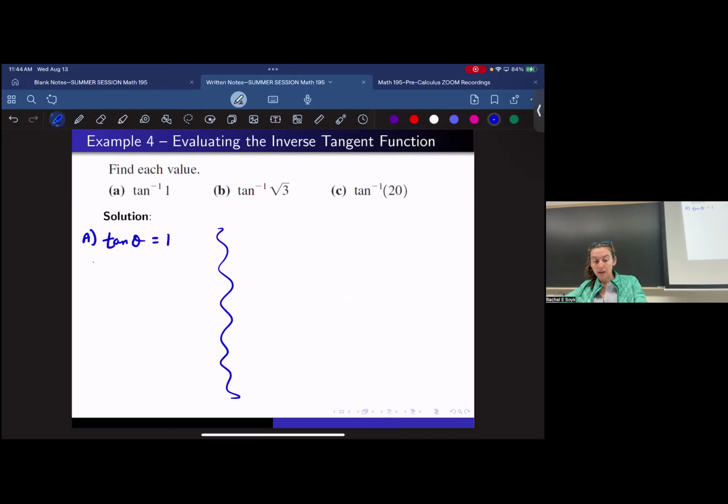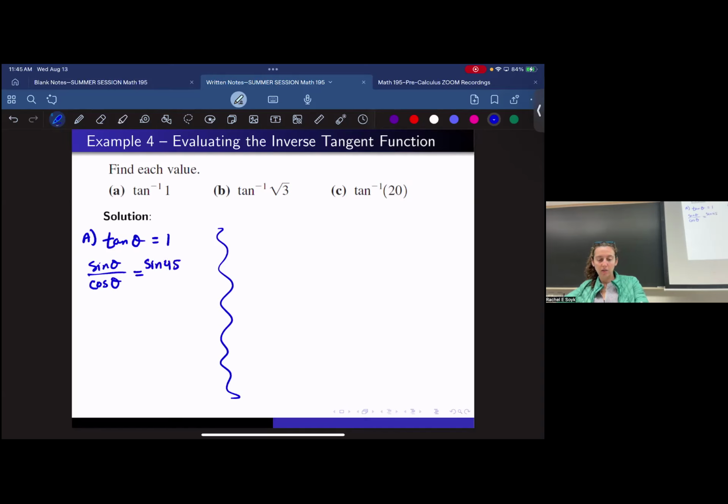Again, tan is the same as sine of theta divided by cosine of theta. So at what angle are sine theta and cosine of theta equal? At 45 degrees, right?